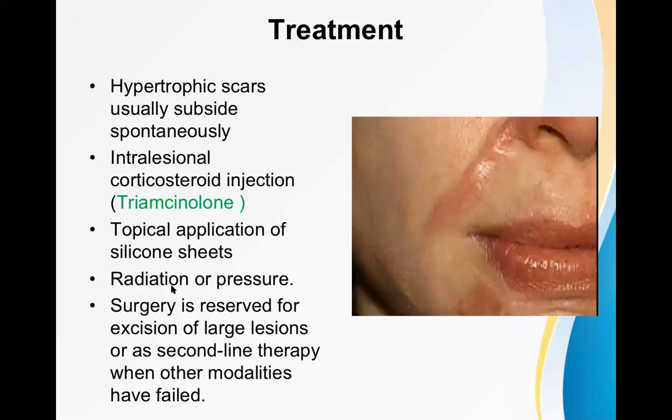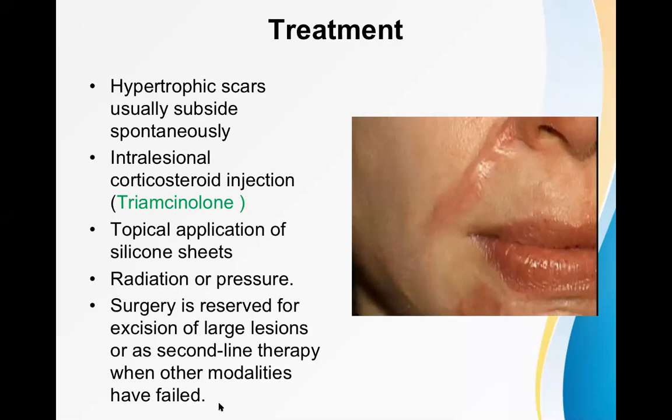But what about the surgery? Now, remember, surgery is a type of trauma, isn't it? Surgery means you give an incision there, you again create a bit of trauma there, and that trauma can itself lead to big scar formation. So surgery is not the first choice of treatment in this situation.